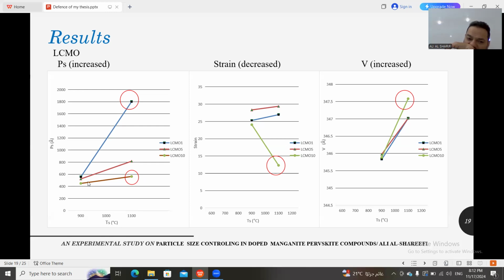All of these increase with increasing temperature, but the lower molar ratio has the biggest increase in particle size. Here, at 10, it has the smallest strain, and that's great. The volume for the 10 molar ratio was bigger when increasing the temperature.